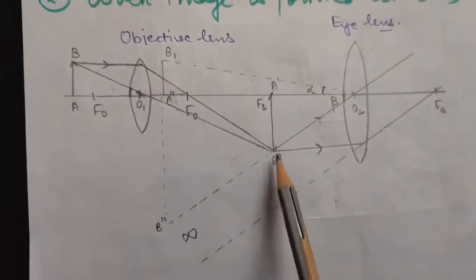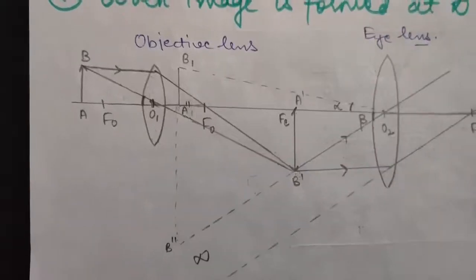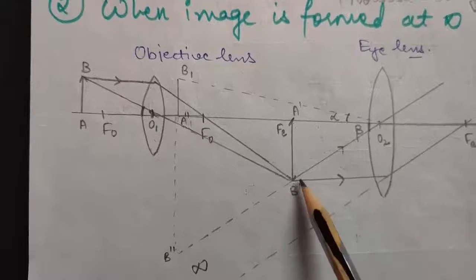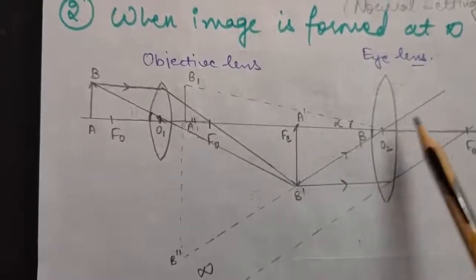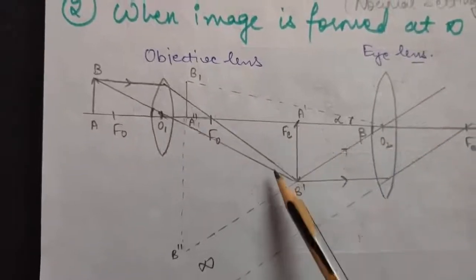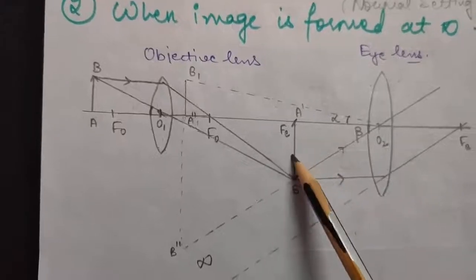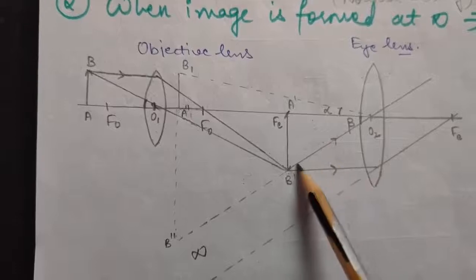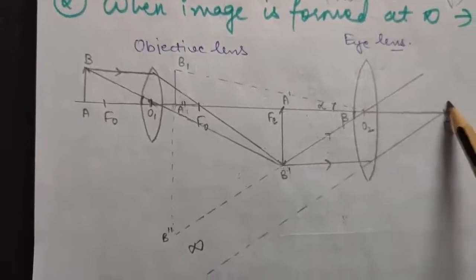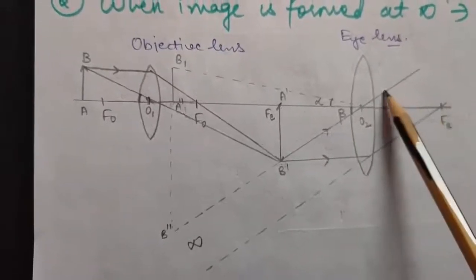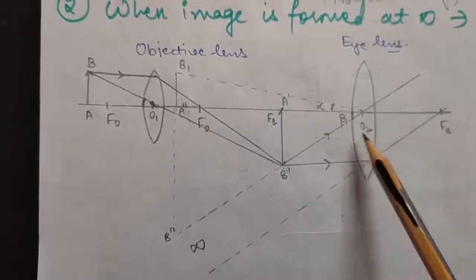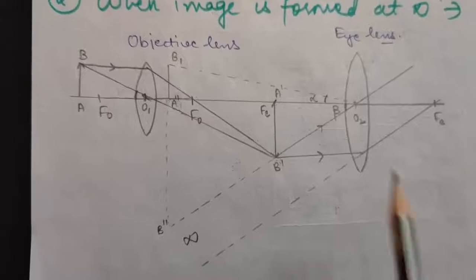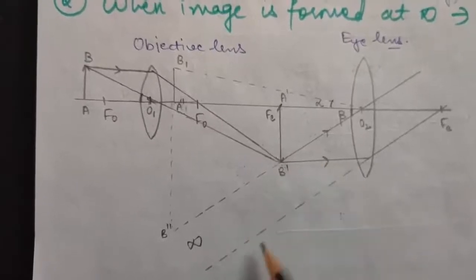Now let us take two more rays, one which is going again parallel to principal axis and falling on eye lens, and second which is passing through optical center of eye lens, because this image A dash B dash will be acting as an object for this eye lens. Okay, so now they will be going like this because this will be passing through focus. Now as you can see, they are parallel to each other. That means the image will be formed at infinity in this case because these rays are parallel to each other.